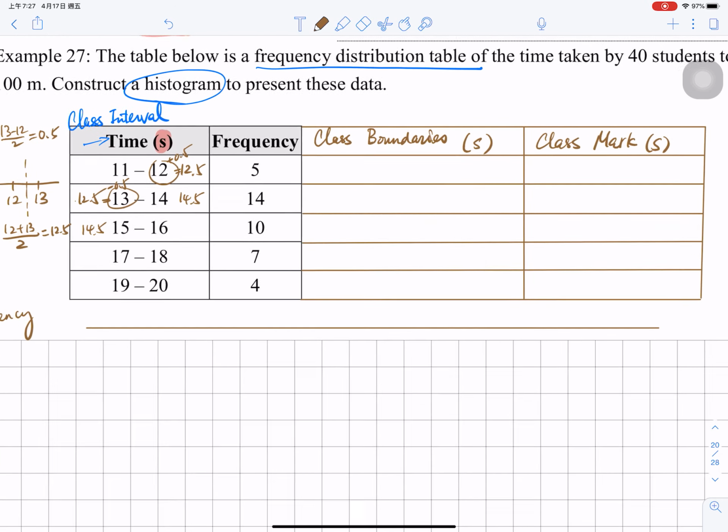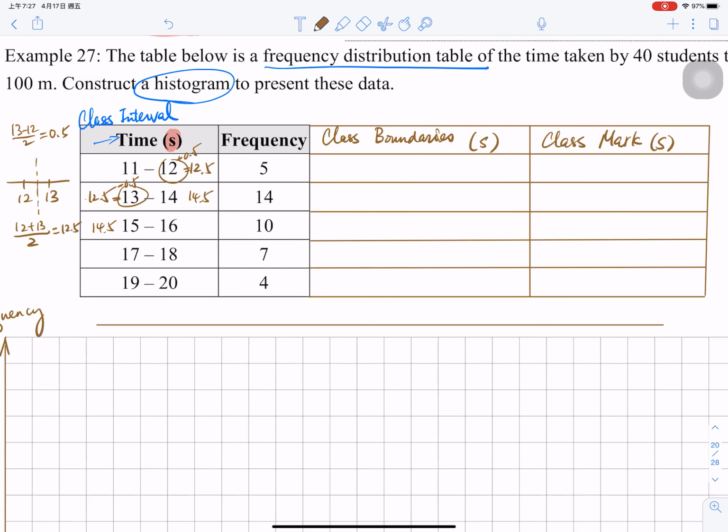Right, remember how to draw this table? So up to 12.5, 12.5 to 14.5, 14.5 to 16.5, and so on. How about this first class? Yeah, 10.5, correct.